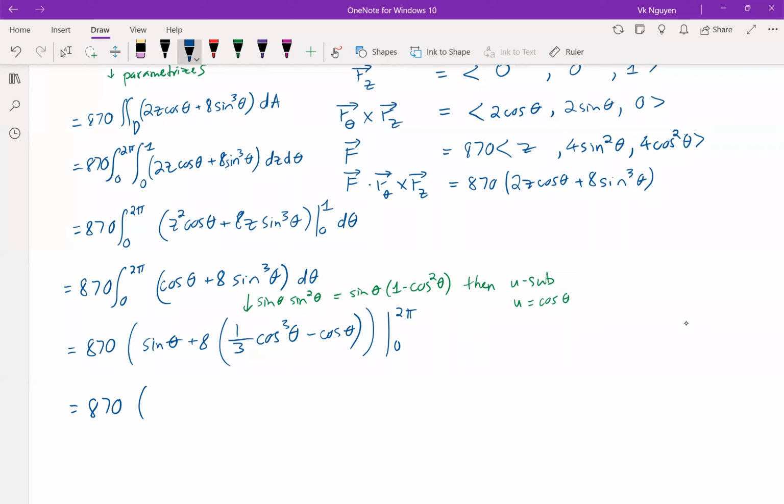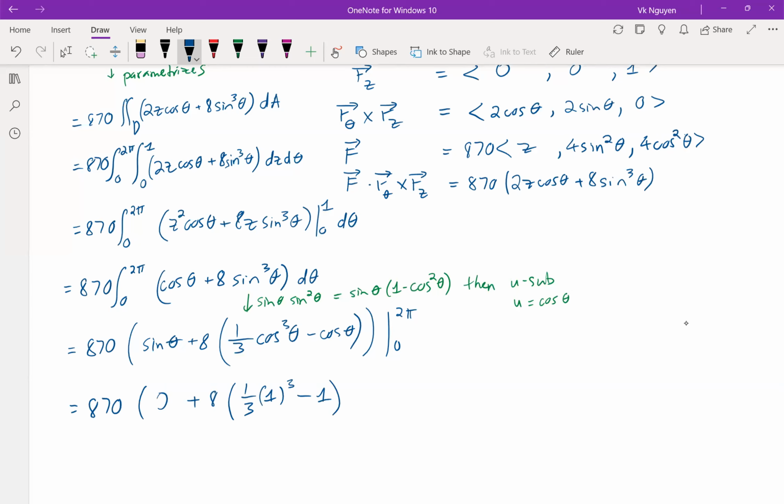870. Okay, so sine of 2 pi is going to be 0, right? Plus 8 times 1 over 3 cosine cubed of 2 pi, which is 1, minus cosine of 2 pi, which is 1.